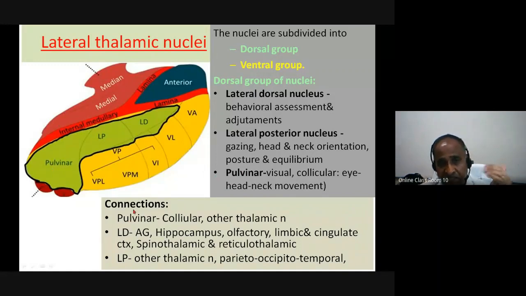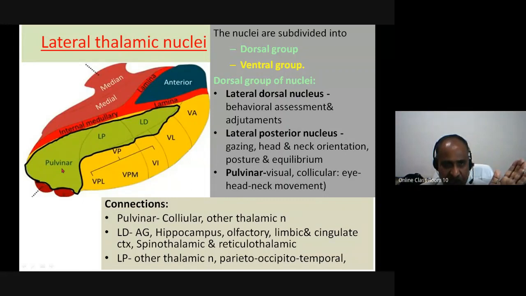Now, thinking about the connections of this green mass, the pulvinar is connected to the superior colliculus and collicular structures and other thalamic nuclei, because it gets input from the lateral posterior, and even from the median.